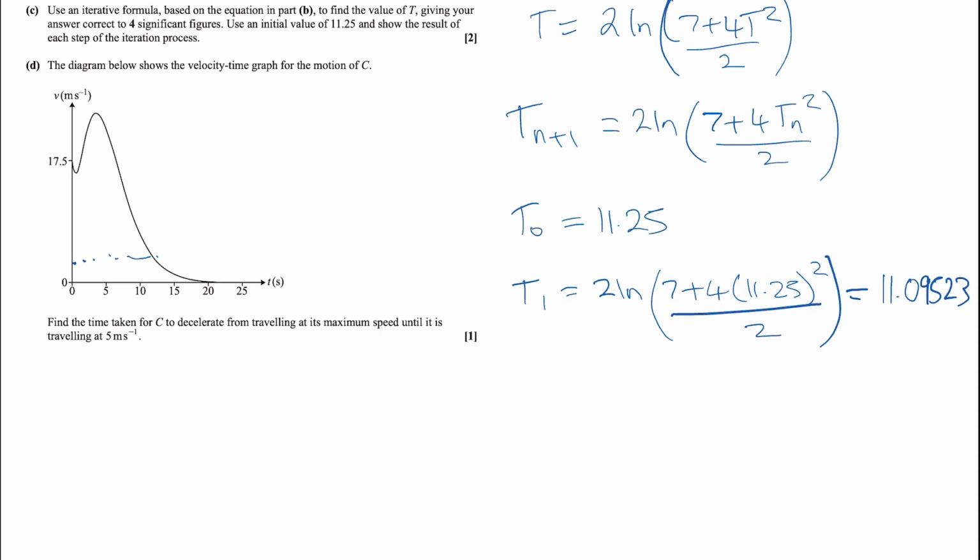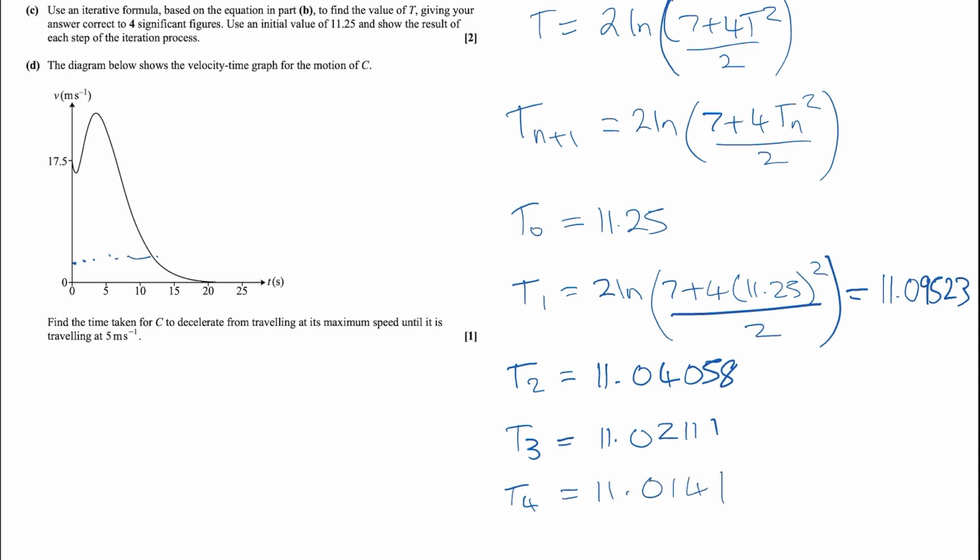I'm going to press equals again. This time, I'm not going to write the workings, but I get 11.04058. Press it again, and we're looking for convergence, aren't we? So 11.02111. Press it again, we're going to get 11.0141.